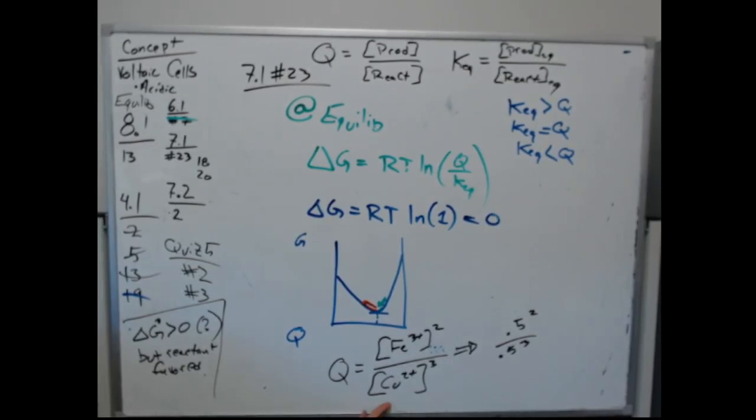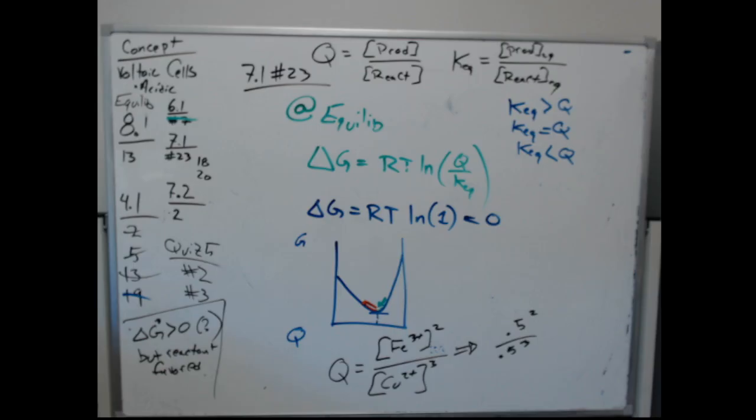Because there's this cubed on the bottom, the dilution is going to have a bigger effect on the reactants than it has on the products. And so that's going to effectively make it seem like the products are more concentrated than the reactants. If it was an even squared, no effect, right? They're both squared, it doesn't change anything when you add water. But in this situation, where it's a 2 to 3 mole ratio, that concentration change is going to affect the Q value unevenly.